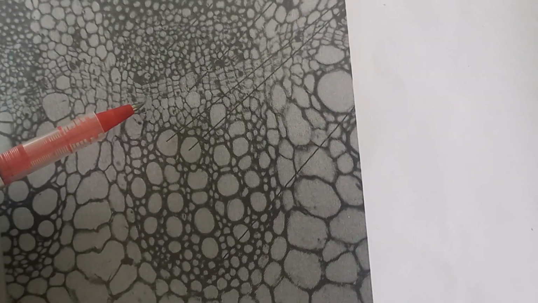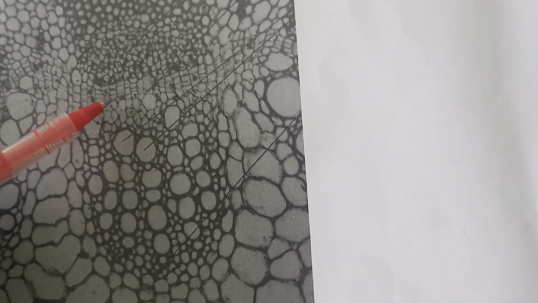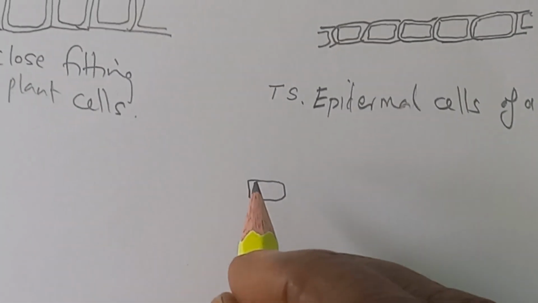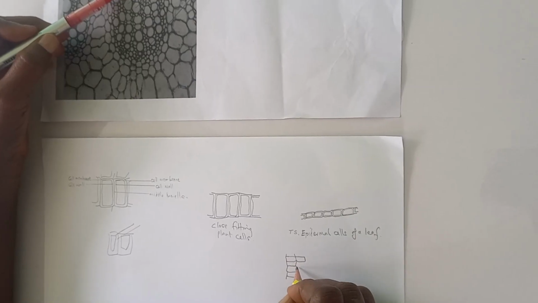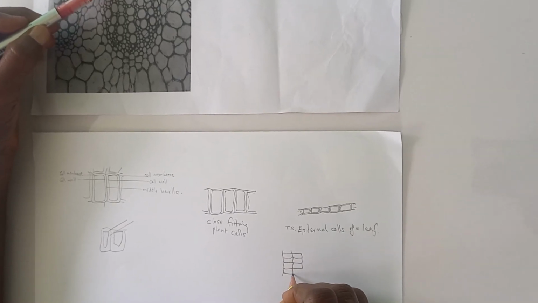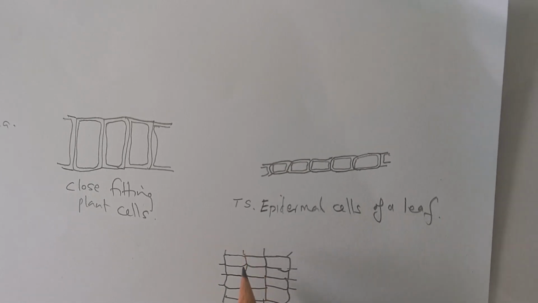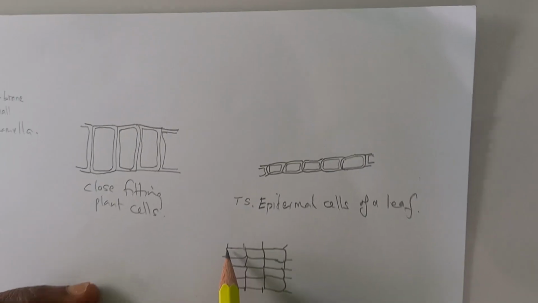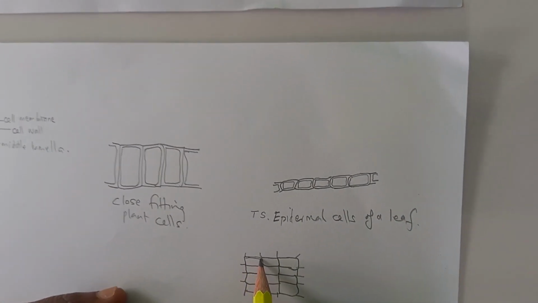Now we want to look at the cambial cells here, the cambium. They are also close-fitting cells. Is here. This cell is also here. So we always put in the outer walls first and then the inner walls. No matter how thin they are, the inner walls should come.